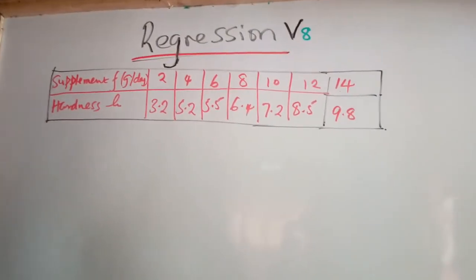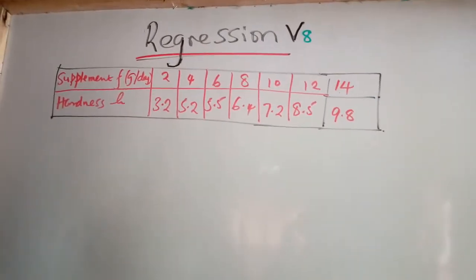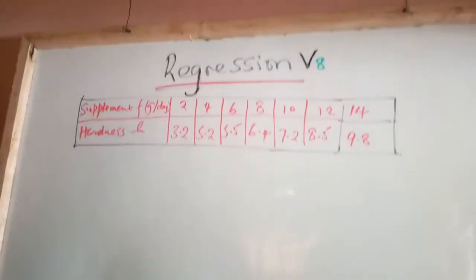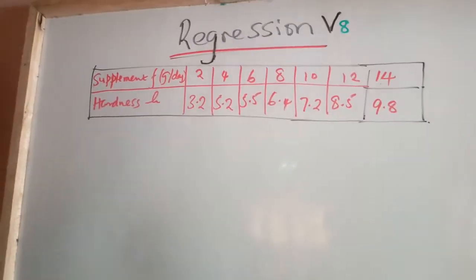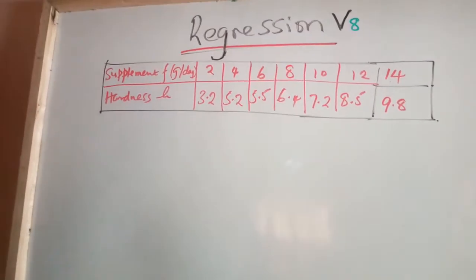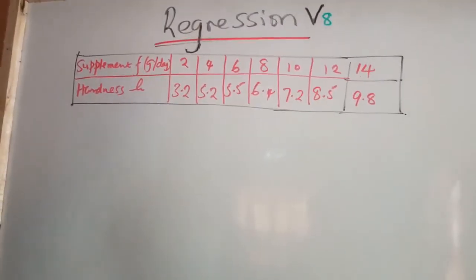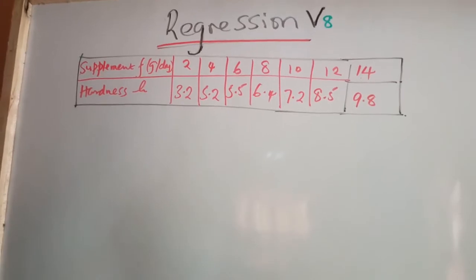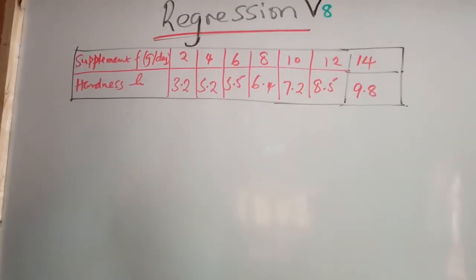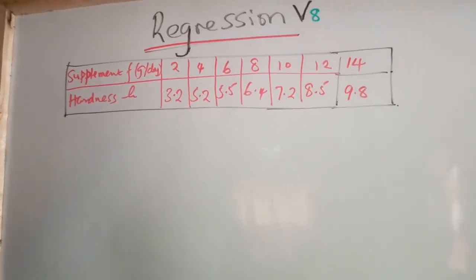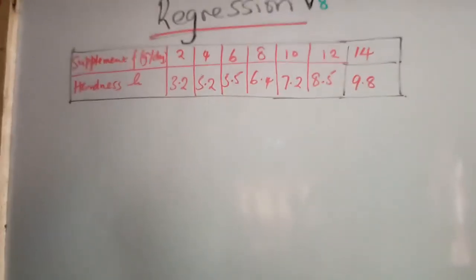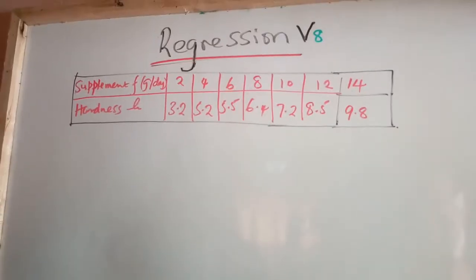As an experiment, controlled quantities of the supplements were added to the hens' normal diet for a period of 2 weeks, and the hardness of the shell of the eggs laid at the end of this period was then measured on a scale from 1 to 10 with the following results.